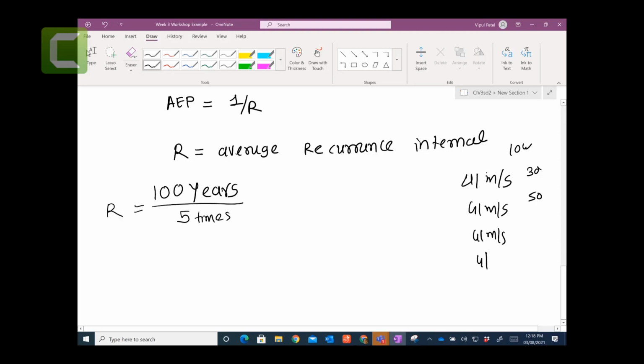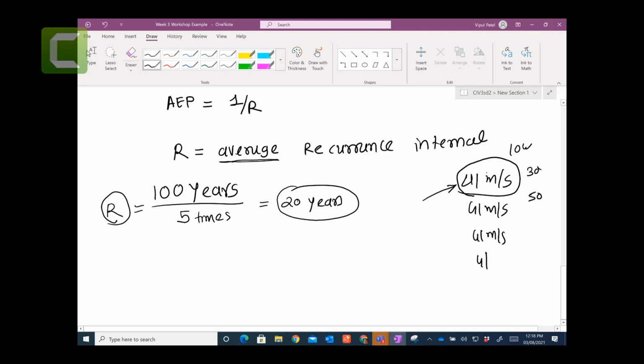So the recurrence interval is 20 years. What is the physical meaning of this? That 41 meters per second comes once in every 20 years. It is an average, by the way.